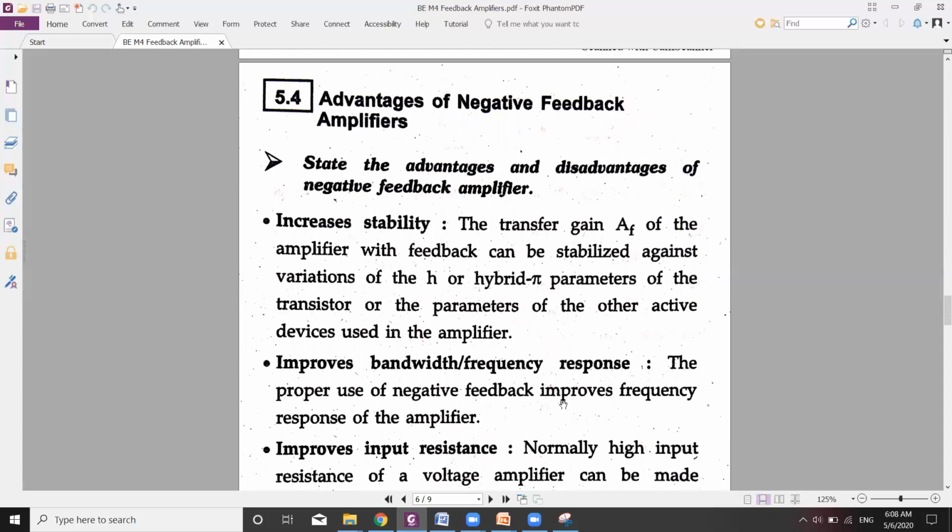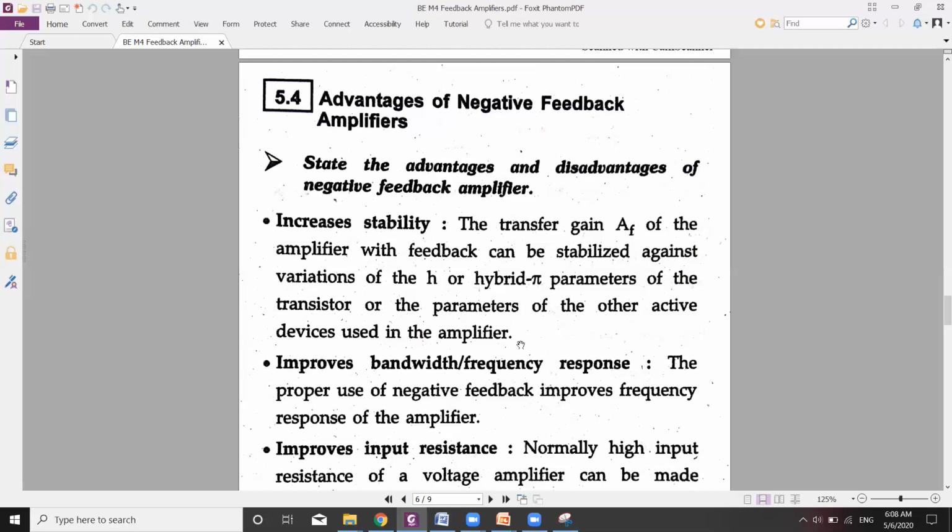What it is trying to say is that the transfer gain AF of the amplifier with feedback can be stabilized against the variations of the h or hybrid parameters of the transistor or the parameters of the other active devices used in the amplifier. Let me put it in a very simple manner.